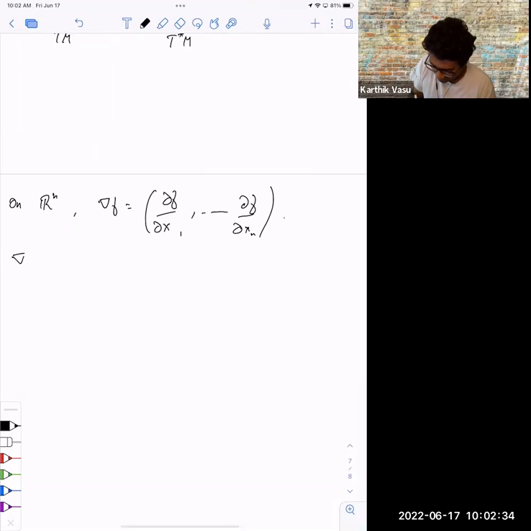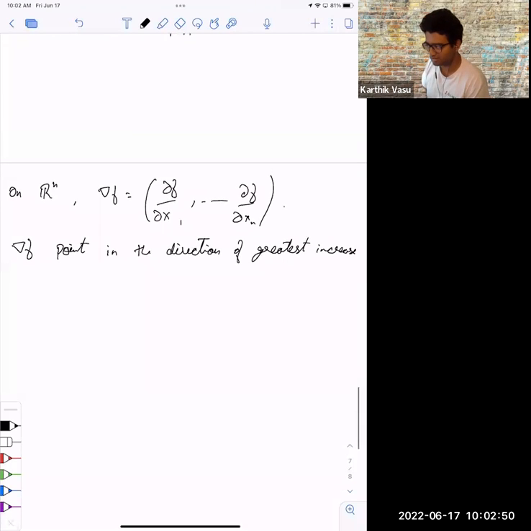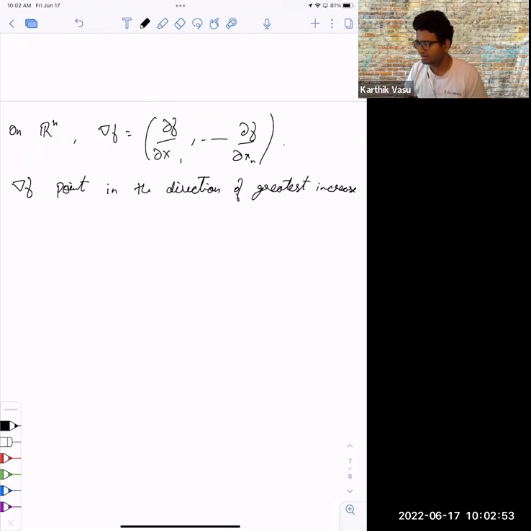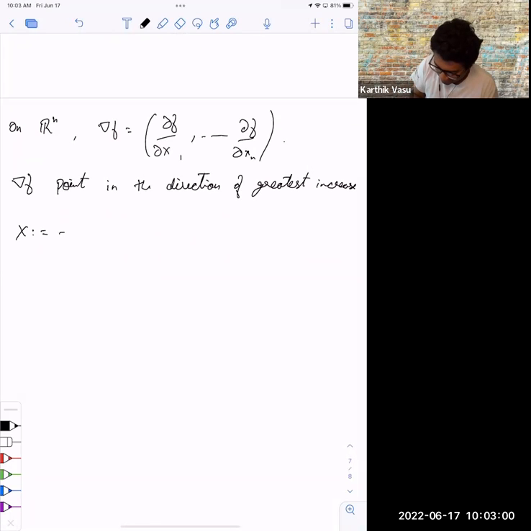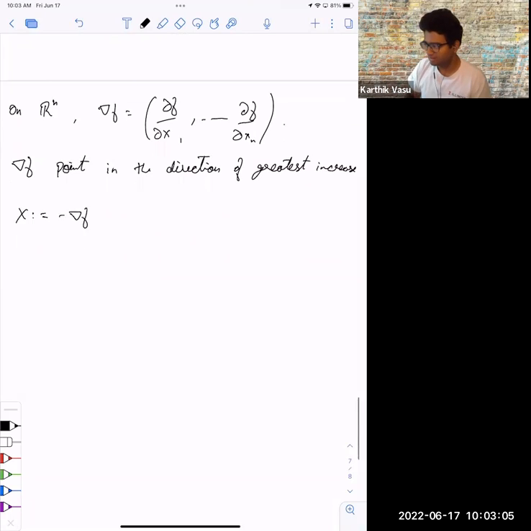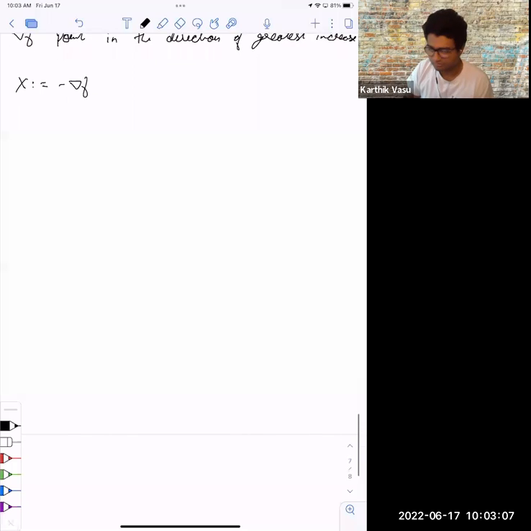And gradient F will also point in the direction of greatest increase, right? That's the property of gradients. Instead of taking gradient F, I will take negative gradient F, because I want to go from top to bottom instead of bottom to top. Just a convention people use.